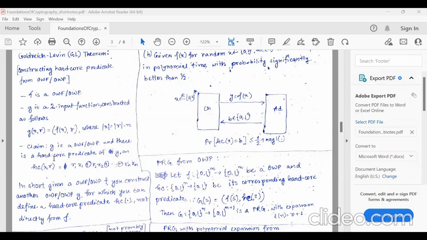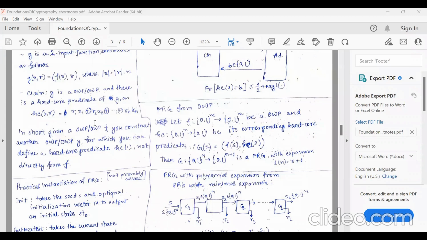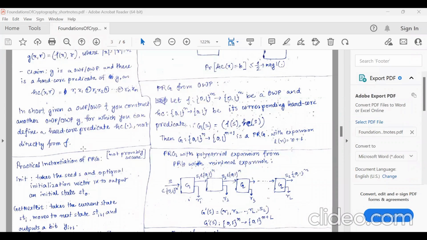You apply the dot product modulo 2, and whatever quantity you get is of course 0 or 1, so HC is indeed a Boolean function here, and it is hard to compute. That is the proposition by Goldreich-Levin. So given an OWF or OWP f, you first construct another OWF or OWP g, and for it you propose the hardcore predicate HC, but it is not a direct construction from f. On the belief that OWF exists, you can propose this construction of a hardcore predicate.